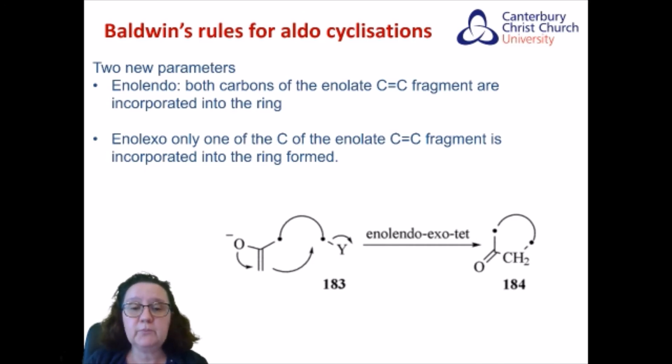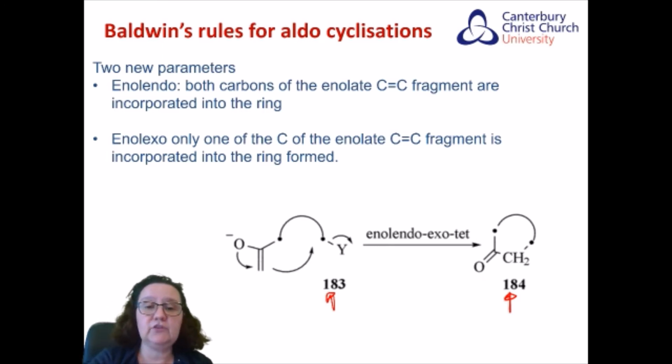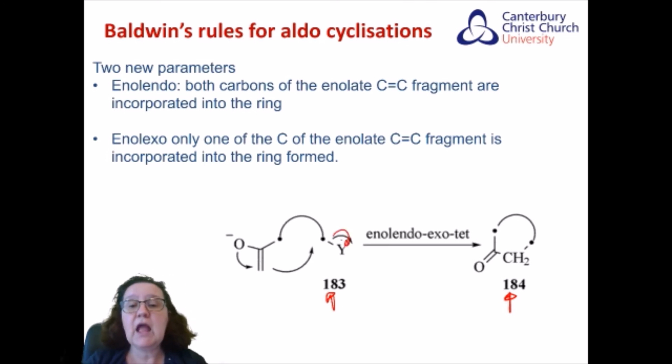So, for example, in the transformation from 183 to 184 that you've got here, we've got an exo attack. The electron flow is outside the ring. Tet because it's an sp3 carbon, and enol-endo because both carbons of the enol group end up as part of the ring.